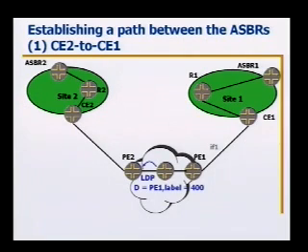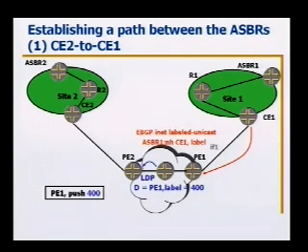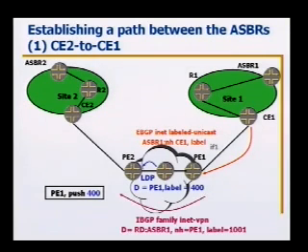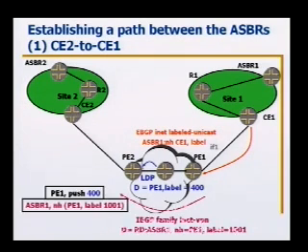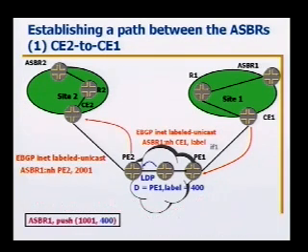We have LDP in the core, we have eBGP between CE1 and PE1, we have IBGP family inet-vpn between PE1 and PE2, and again labeled BGP between PE2 and CE2. All this exchange is exactly the same exchange that we've seen before.